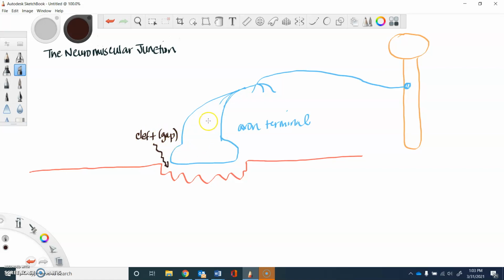Since the neuron doesn't actually touch the muscle cell, we're getting the stimulus for the muscle to contract from the neuron, so we have to somehow get that impulse from the neuron over to the sarcolemma of the muscle cell. So this right here is the sarcolemma.